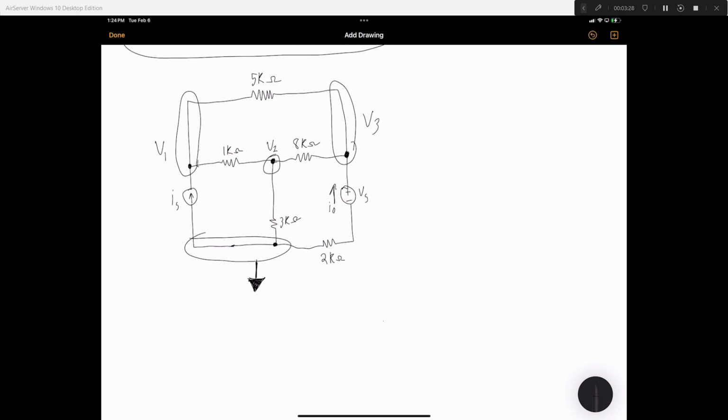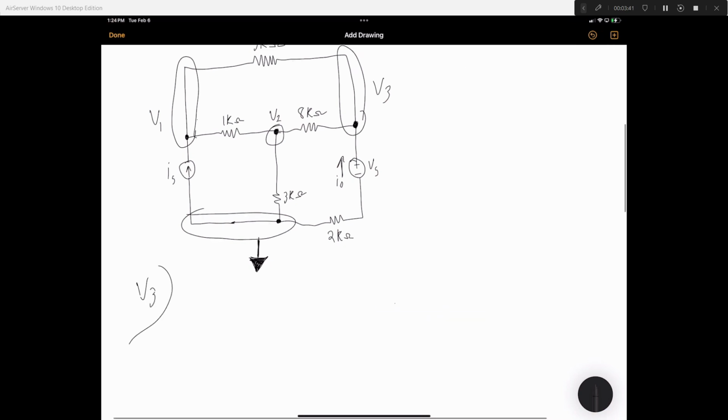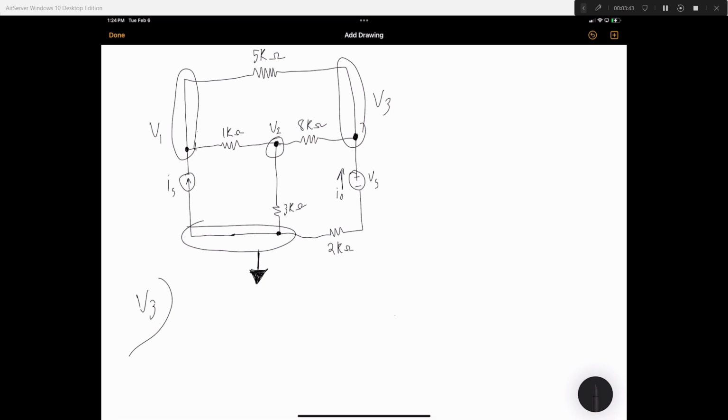Yeah, so we're doing V3. Okay. So node V3.